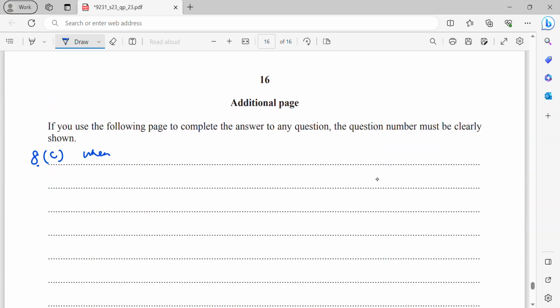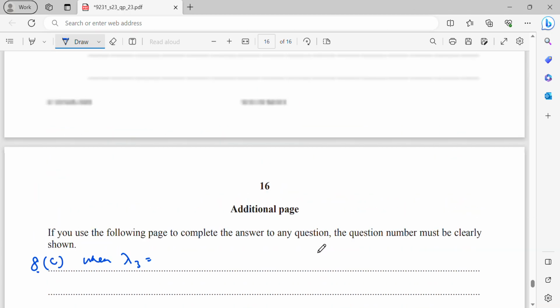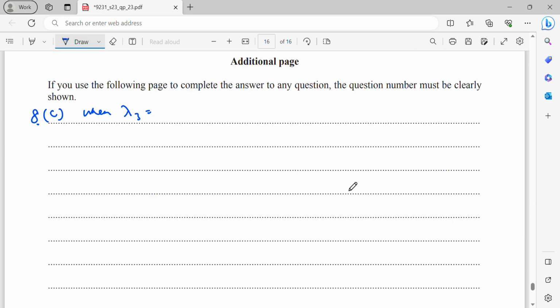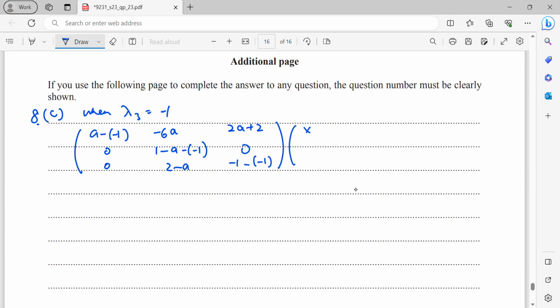Right, so when lambda 3 equals to the last value, which is going to be minus 1, now my matrix will be a minus lambda, then 0, 0. After that, minus 6a, 1 minus a minus lambda. Then 2 minus a. Lastly, 2a plus 2, 0, minus 1 minus lambda. Then x, y, z equals to all 0.